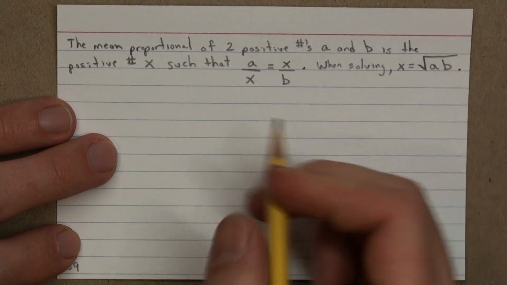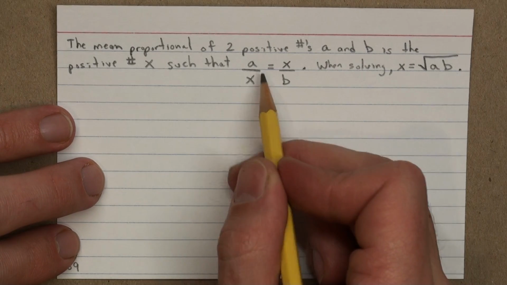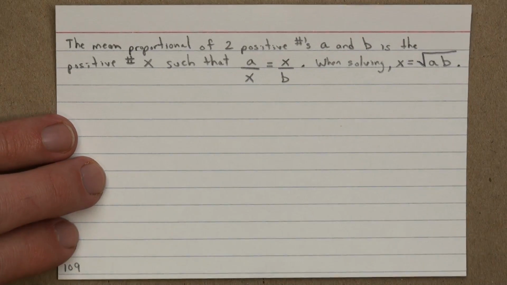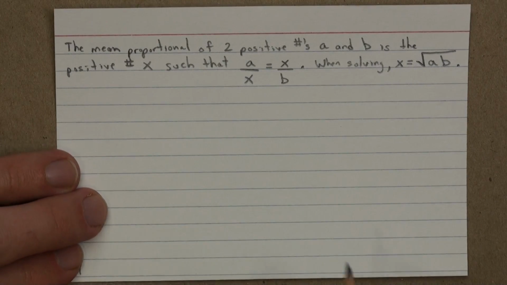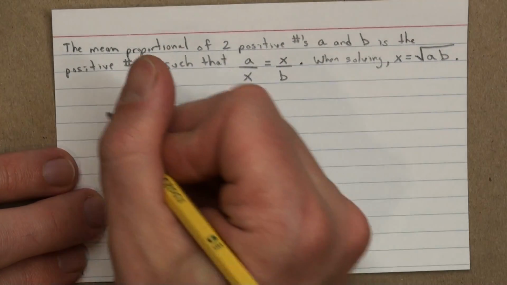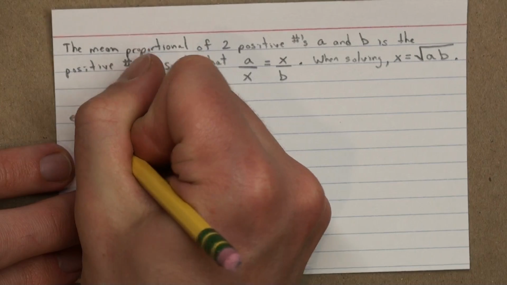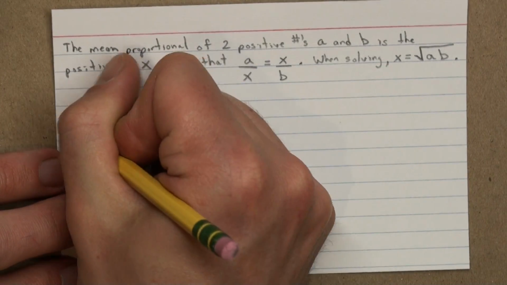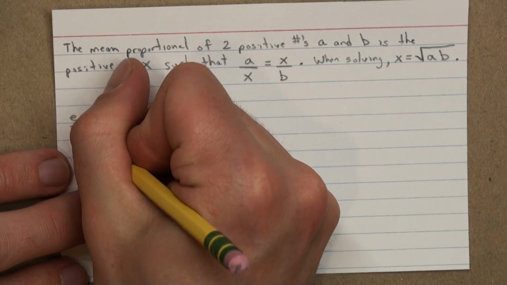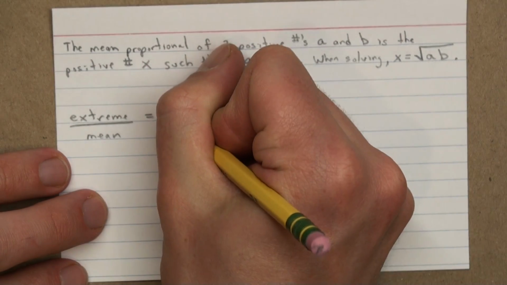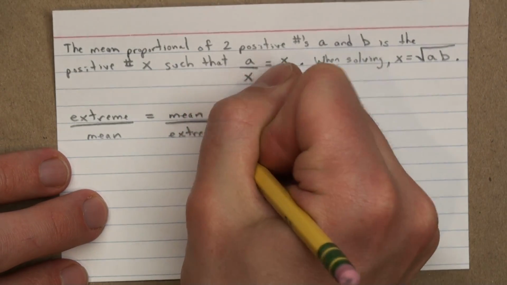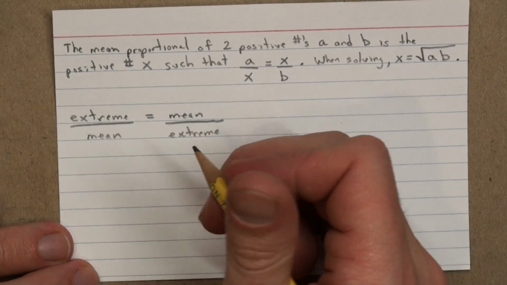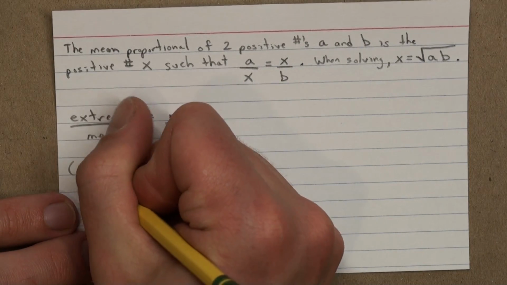Okay? Because you would cross multiply and you would get X squared equals AB, and then you would take the square root of both sides. So what we have basically is the formula they use, where they say the extreme over the mean equals the mean over the extreme. And let's put in a little note down here.